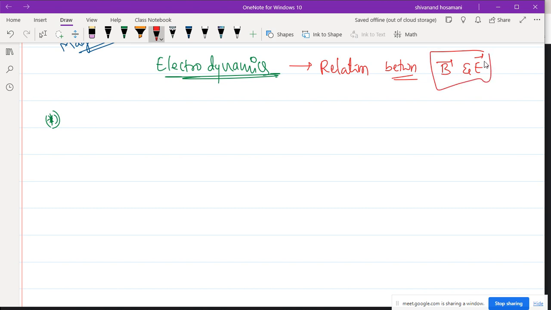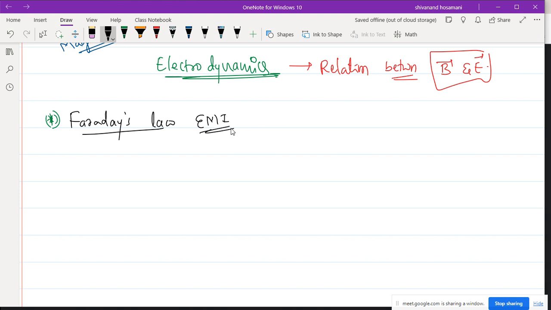See, due to the change in the flux of a current carrying conductor that produces a magnetic field, an induced EMF is produced in the circuit, as provided by Faraday's law. What exactly does Faraday's law tell? We call it Faraday's law of electromagnetic induction, that is EMI.